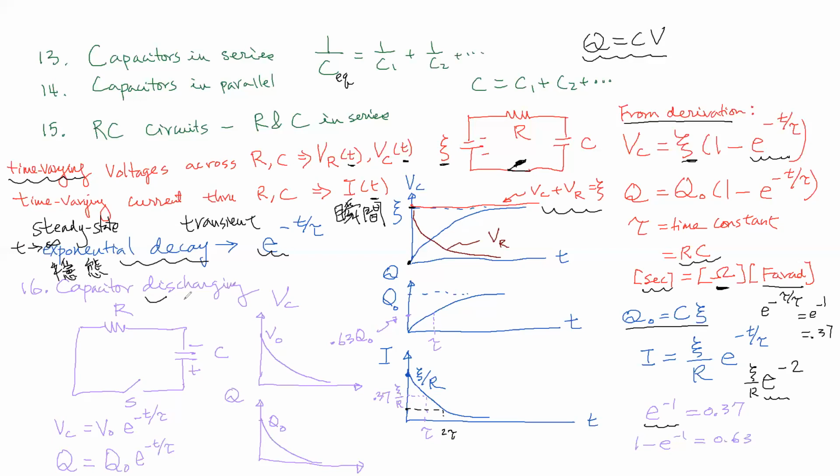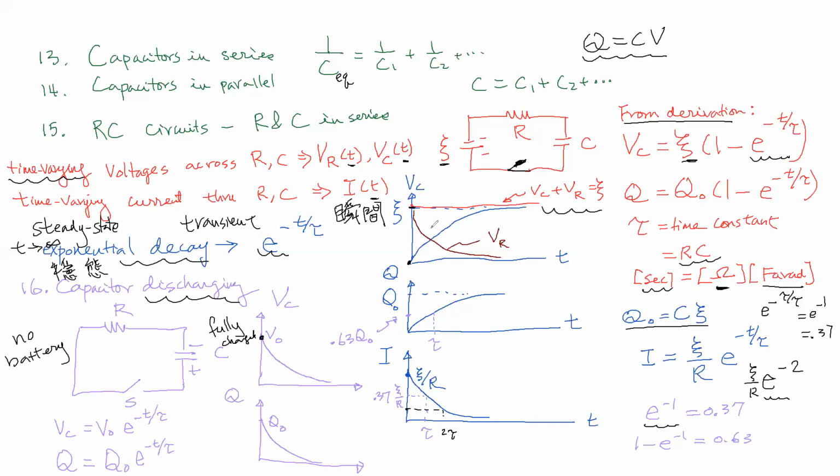Now for the discharging case, you will remove your battery, right? So no battery here, battery is gone, because now your capacitor is fully charged in the beginning. So that's why you have this V across C at the highest value in the beginning.